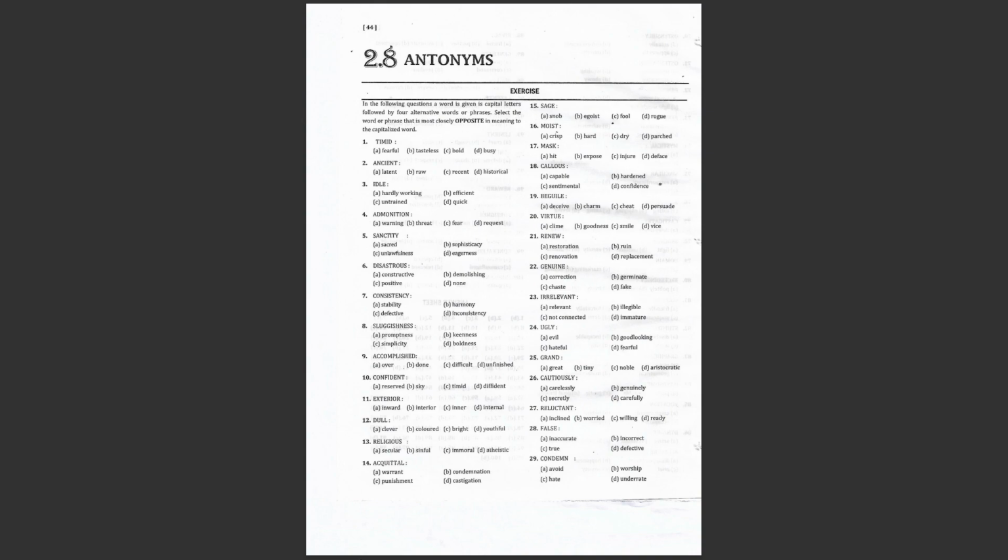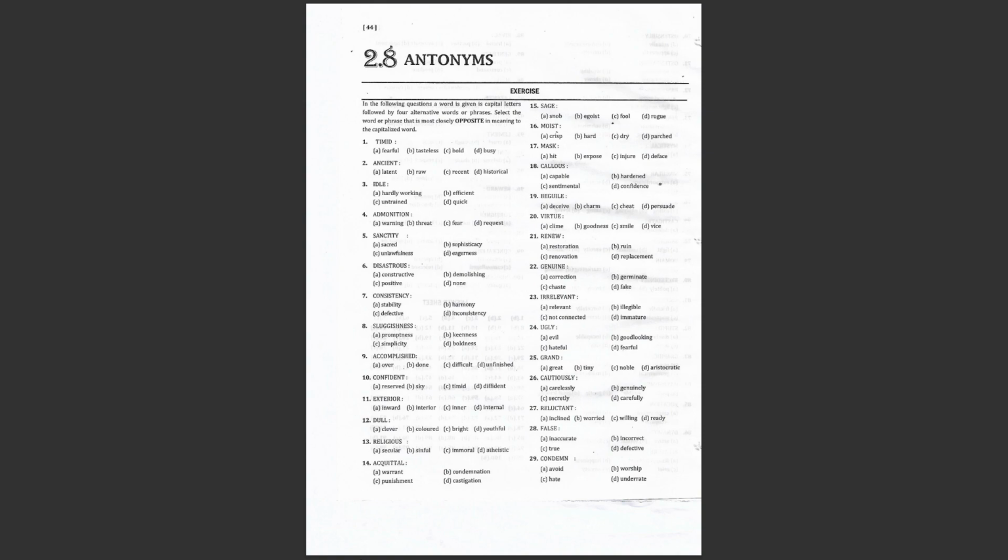He is sitting idle, he is not doing anything. So the correct antonym here would be efficient. Someone who does their work in a very proper way and on time is someone who is efficient. So idle ka opposite is efficient.